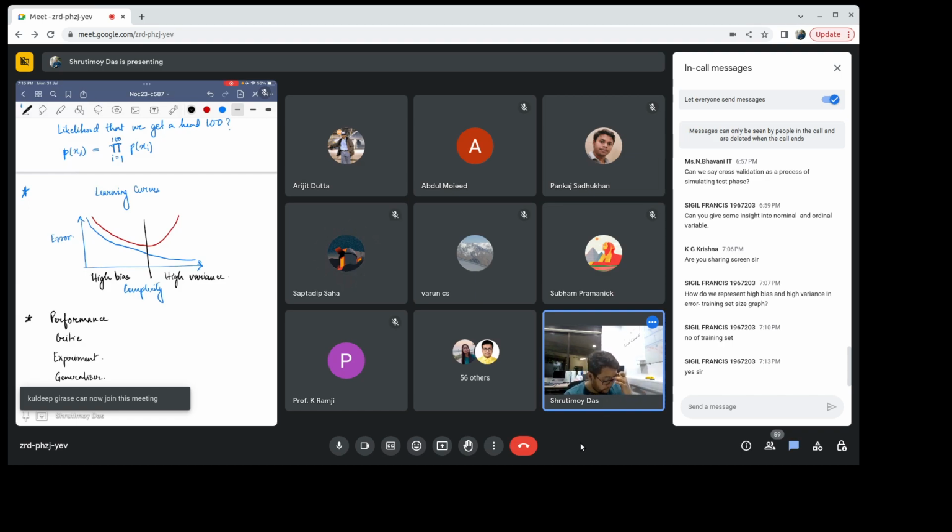Okay. So performance. Any learning system will give you a model, and you can check the quality of your model based on the performance scores. So we have accuracy, error, precision, and all those sorts of metrics. This shows the performance of your model.